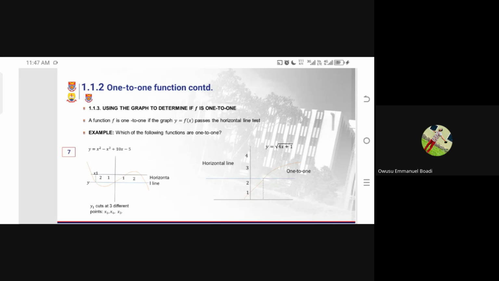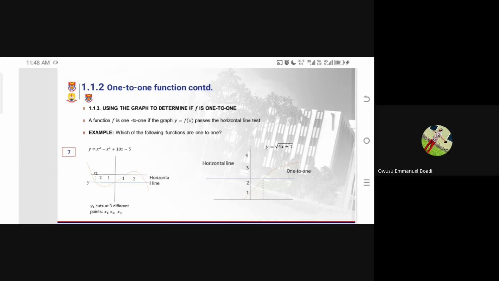Let's look at the one on our right hand side, which is y is equal to root of 4x plus 1. You realize that when you sketch this particular function and you draw the horizontal line through it, the line will pass through only 1 point, and this will make it one-to-one.